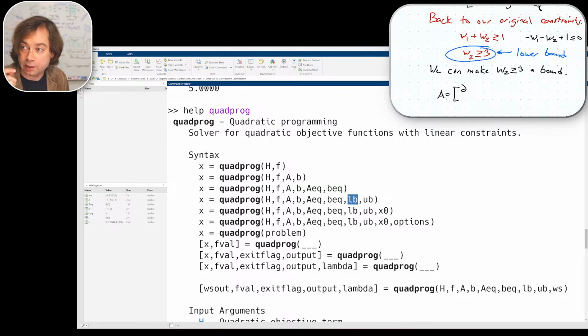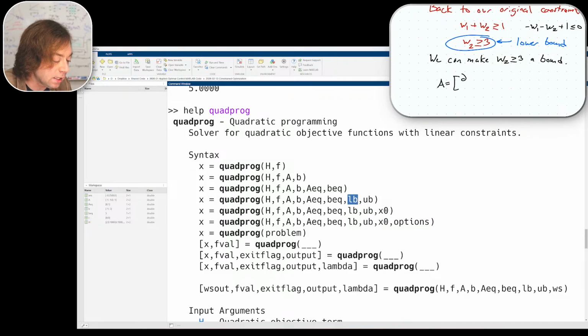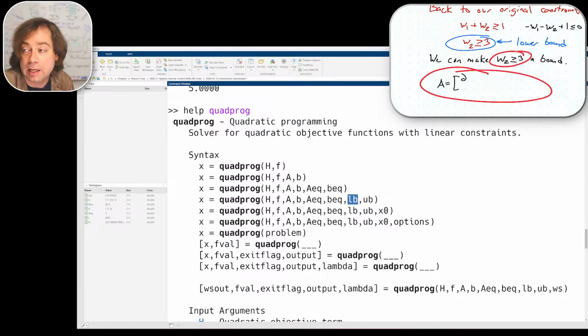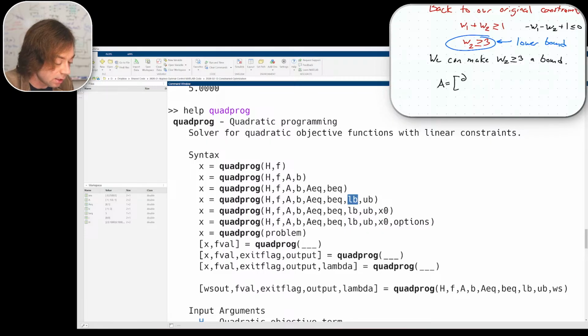So now we'll have one constraint and two decision variables for our A matrix. That means we have a 1 by 2 Jacobian. If we move this into being a bound and not an inequality constraint, this is now just a 1 by 2. So this would be partial G, partial W1, partial G, partial W2.